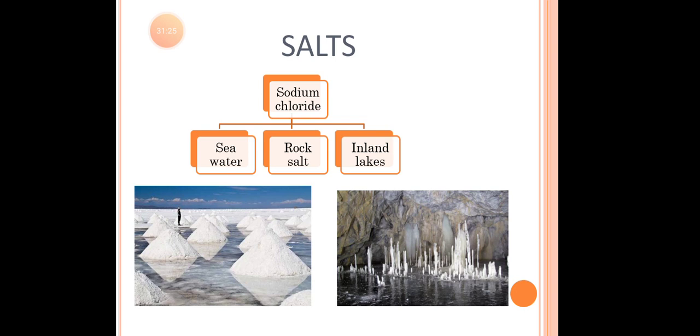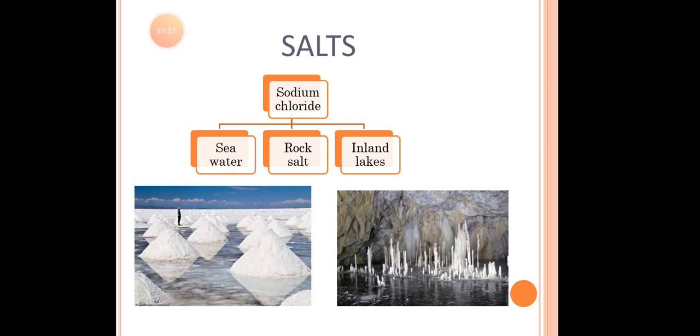Beds of rock salt are formed due to the drying up of seas from very old times. You can see the picture in the PPT. When the sea dries up, the water will be completely gone. It takes lots and lots of years, like how petroleum is formed under the sea.